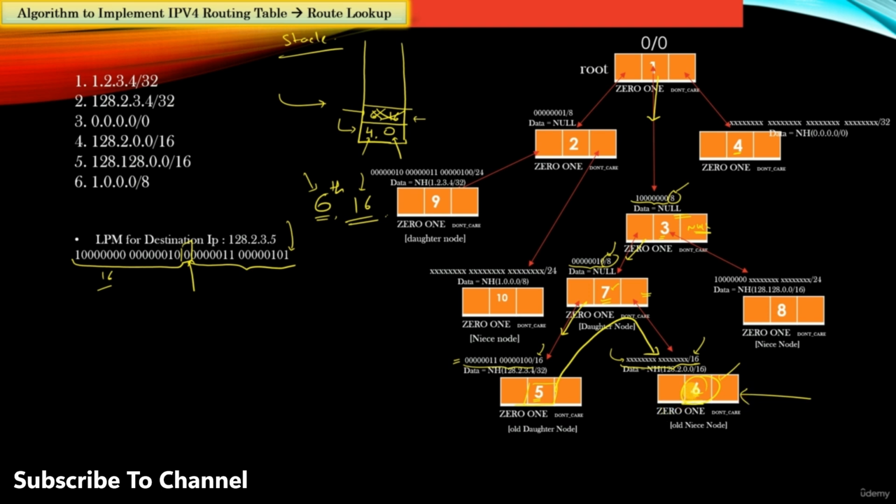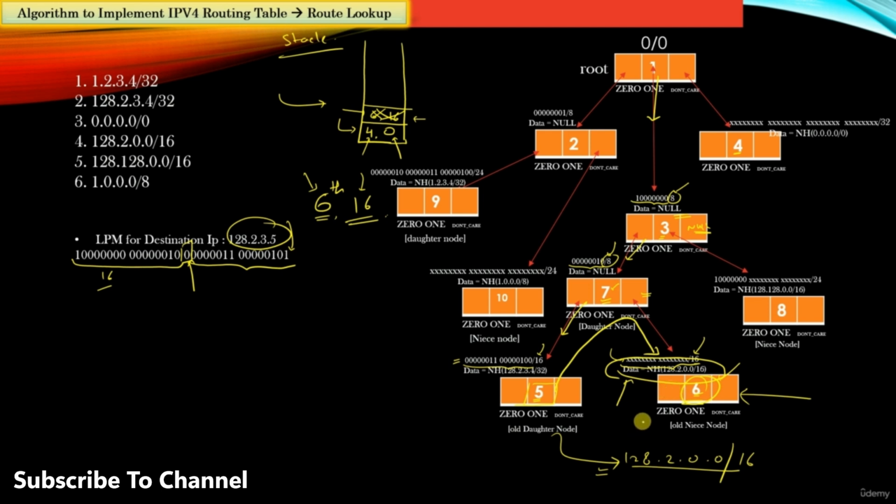Node 6 corresponds to the route 128.2.0.0/16. This is the route which matches our IP address as per the longest prefix match principle, and the next hop of this route, that is the data part of the route, will be used for forwarding the traffic.